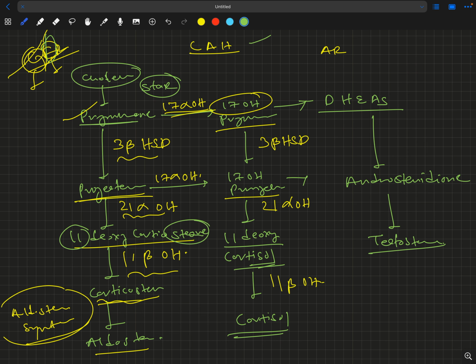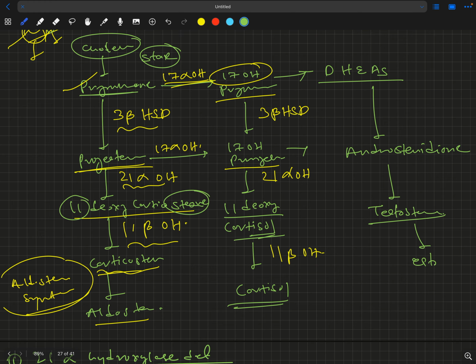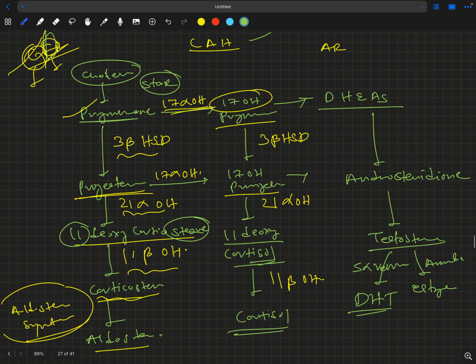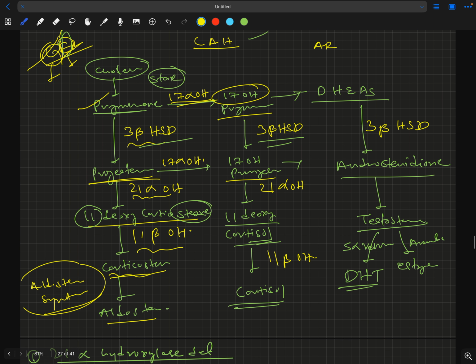Now there will be peripheral conversion of testosterone to estrogen by aromatase, and it can be converted into dihydrotestosterone by 5 alpha reductase. Now this DHEA sulfate to androstenedione is catalyzed by the same enzyme as this line, that is 3 beta hydroxysteroid dehydrogenase. Okay, so this is the synthesis of sex steroids from the adrenal cortex.